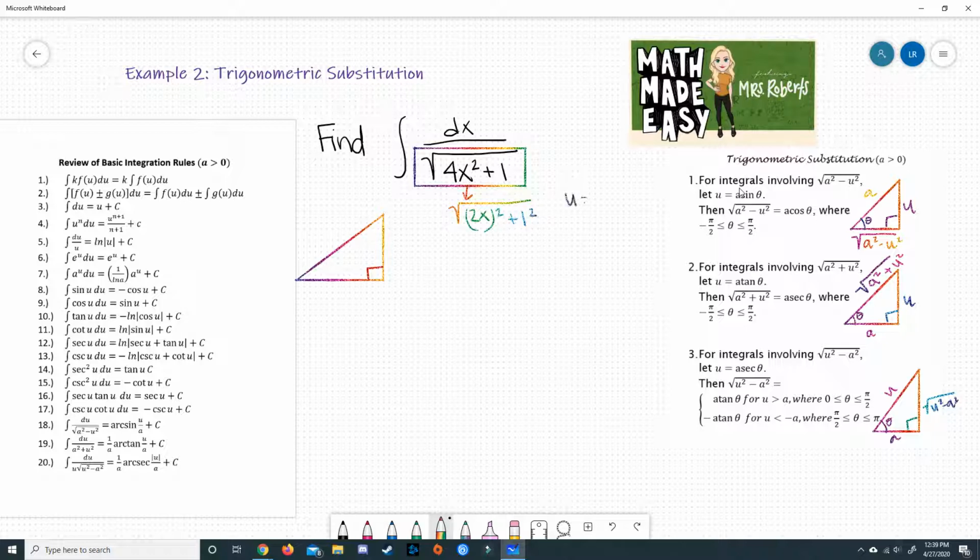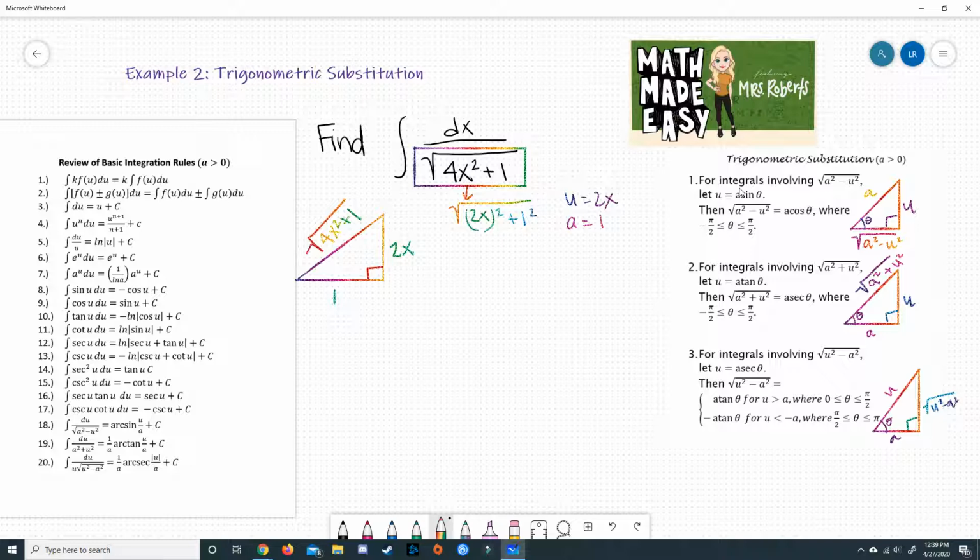And that would mean that u is 2x and that a is 1. And that's really important to know. Okay, so our hypotenuse is going to be the square root of 4x squared plus 1. The leg that is identified as u is going to be 2x because u is 2x. And the leg that's identified as a is going to be 1.